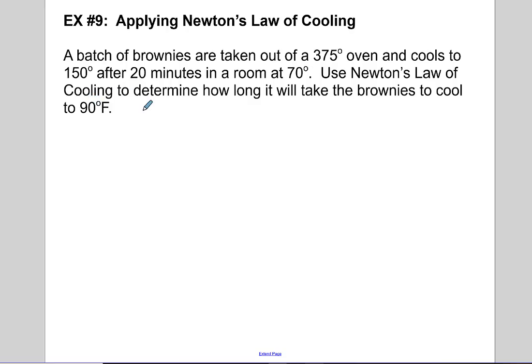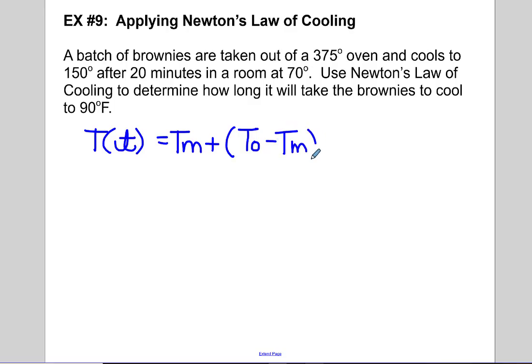And then again, looking ahead to calculus, we're going to use Newton's cooling law, which is T of t equals T sub m plus T sub naught minus T sub m, times e to the negative kt power. T of t is our temperature, 150 degrees.